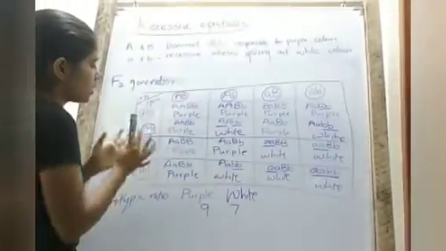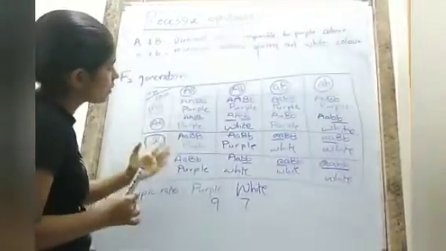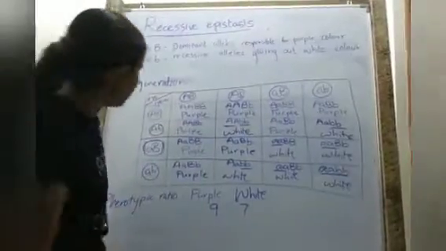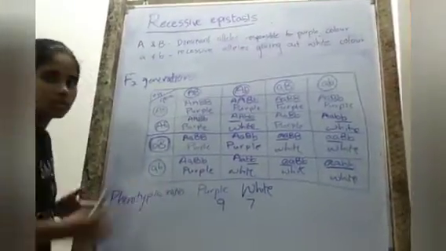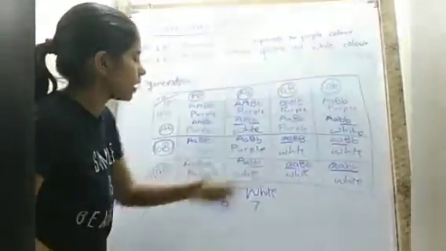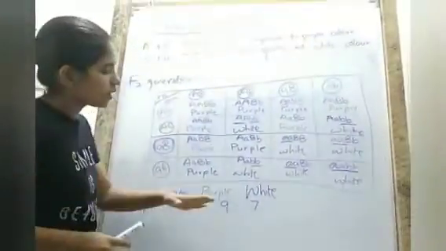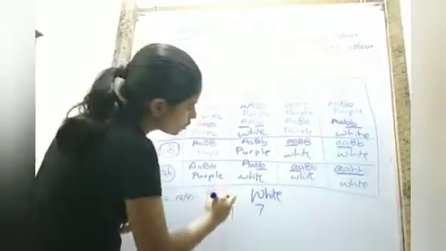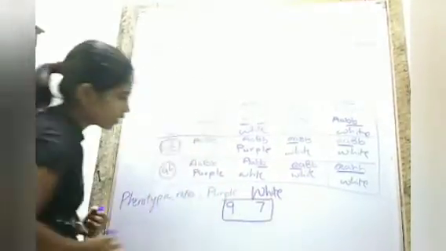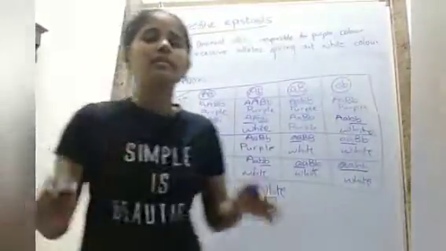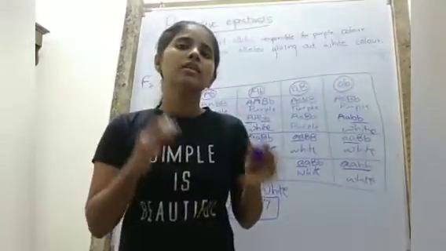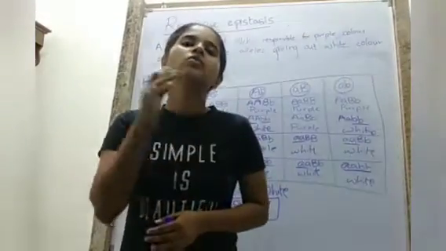So then we can fill out the other genotypes, because all the other genotypes give out the purple color phenotype. Then we can write down the phenotypic ratio, purple to white. After counting, we find that the ratio would be 9 to 7. So this is also different from Mendel's dihybrid cross, which gives the ratio 9 to 3 to 3 to 1.